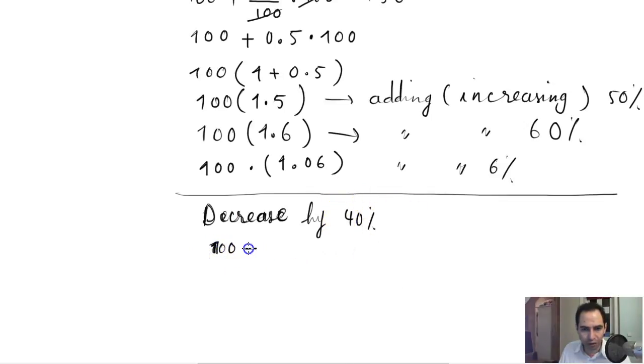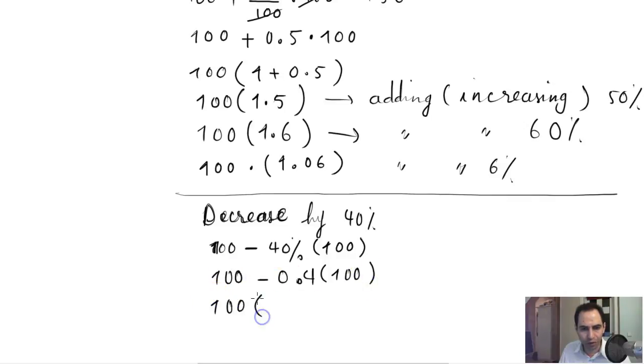That means 100 minus 40% of the 100 that you had. So you can rewrite this as 100 minus 0.4 times 100. And then you can take 100 out here, times 1 minus 0.4. So 1 minus 0.4 is 0.6.